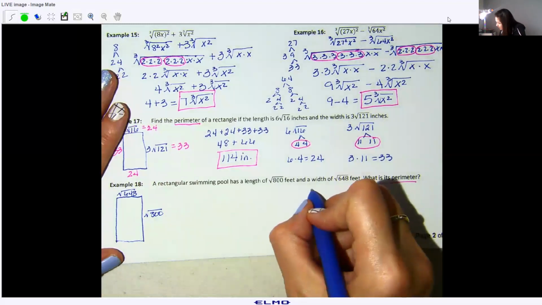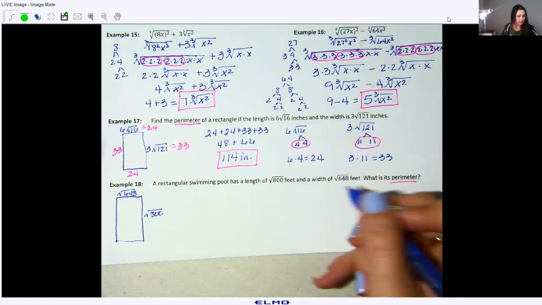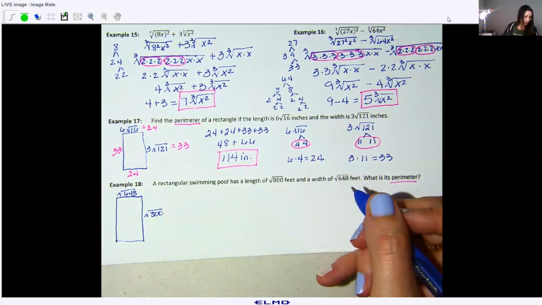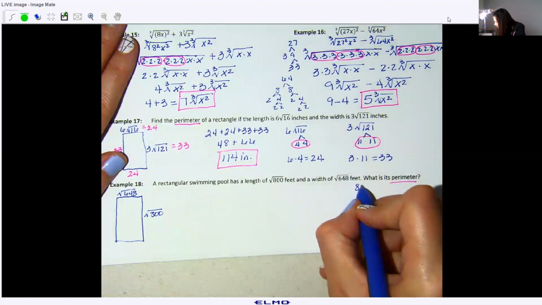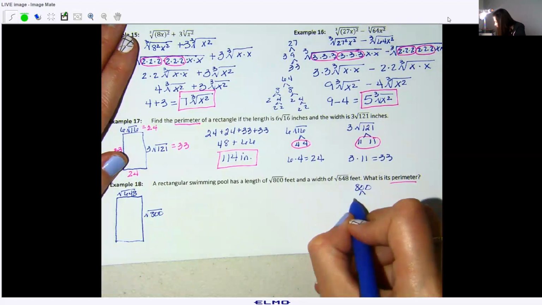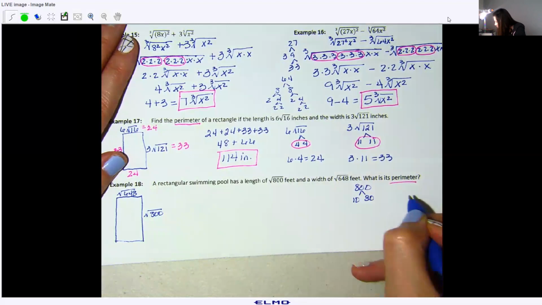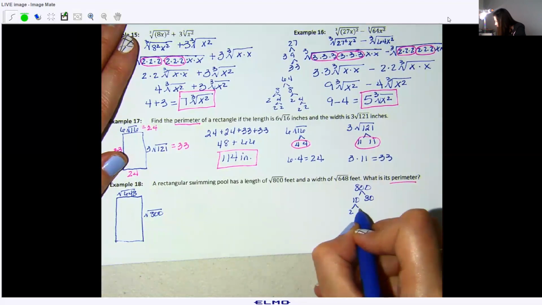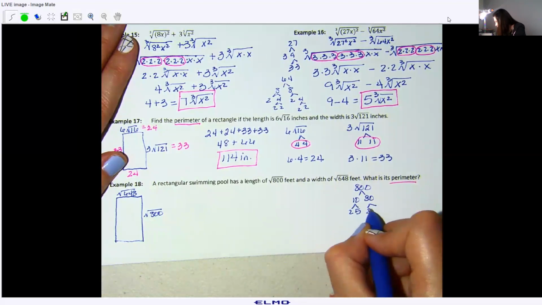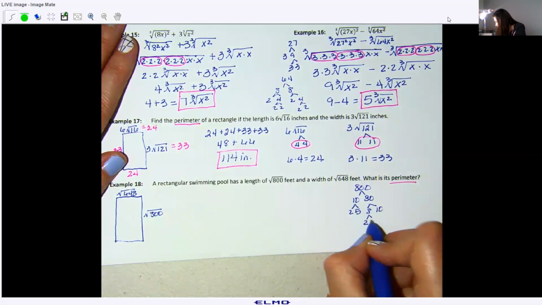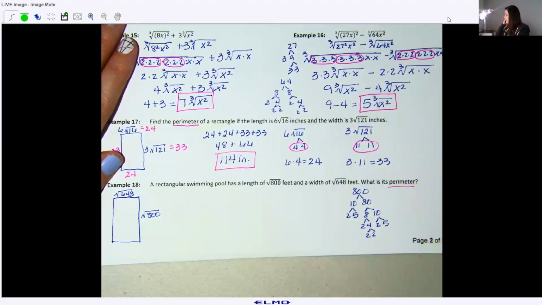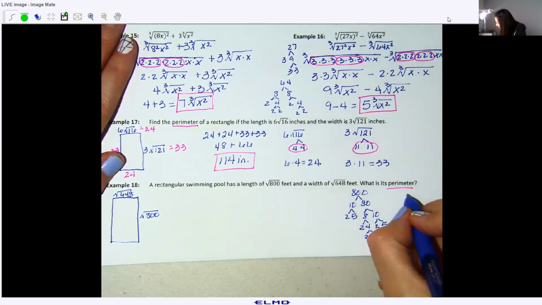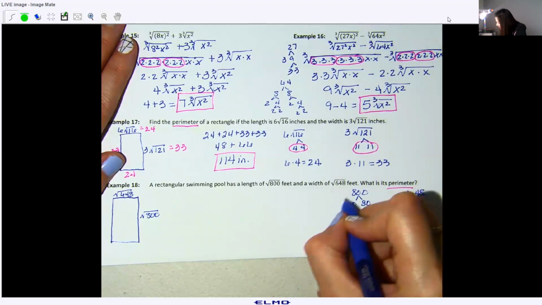So when I take, let's see here, this one required a lot of factoring. So I'm going to take 800 over here, 10 and 80, 2 and 5, okay. And then I'm going to go ahead and factor out 648.